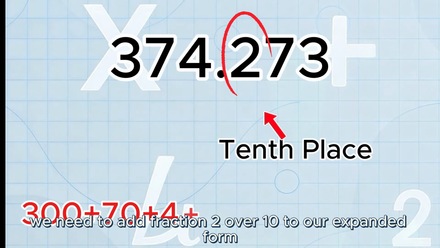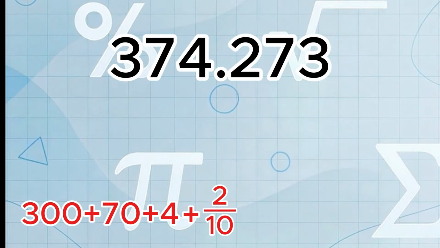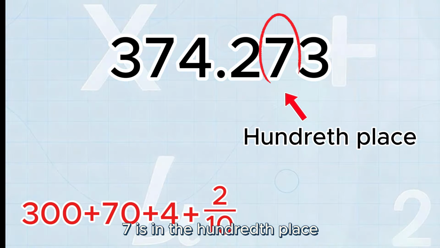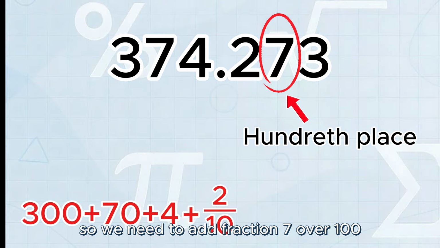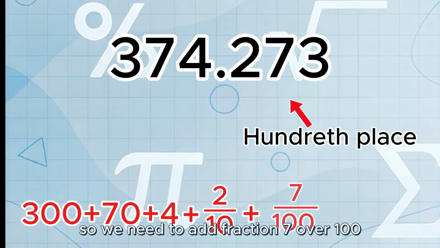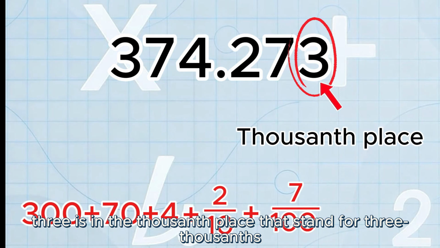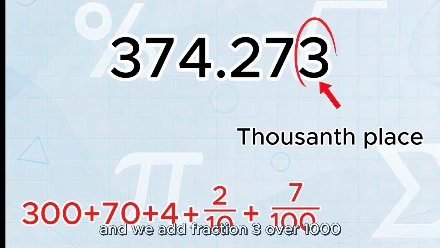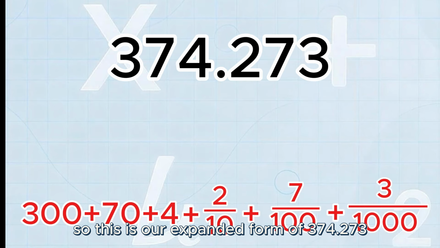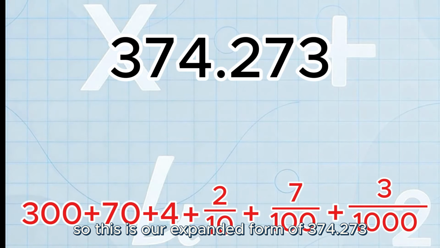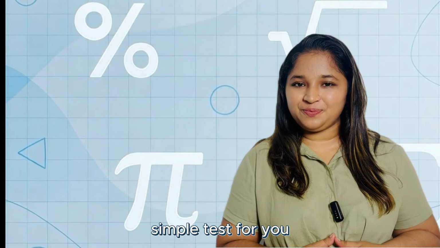We need to add the fraction 2 over 10 to our expanded form. 7 is in the hundredths place, it stands for 7 hundredths, so we need to add the fraction 7 over 100. 3 is in the thousandths place, that stands for 3 thousandths, and we add the fraction 3 over 1000. So this is our expanded form of 374.273.